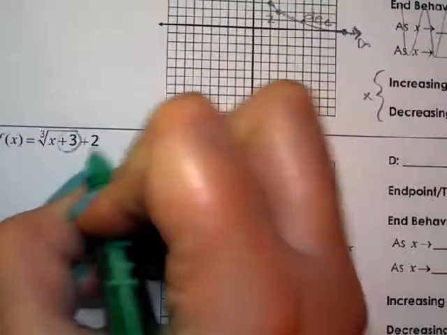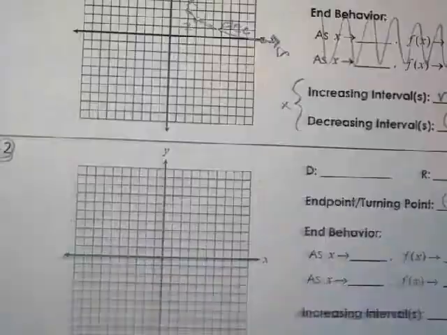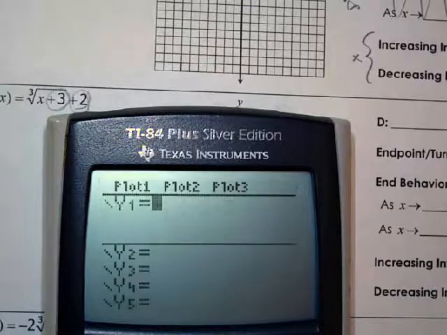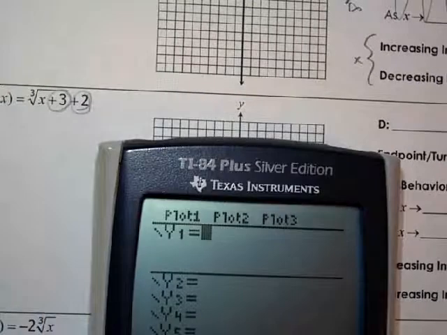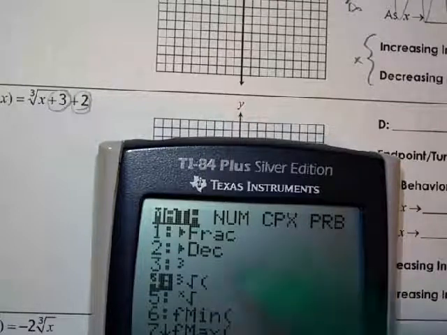Now, anyone remember how we get a third root? Hit the math button. You can do 4, or if you typed a 3 first, then you could do 5. Okay, x plus 3 plus 2. And we're looking for -3, 2 on the table.